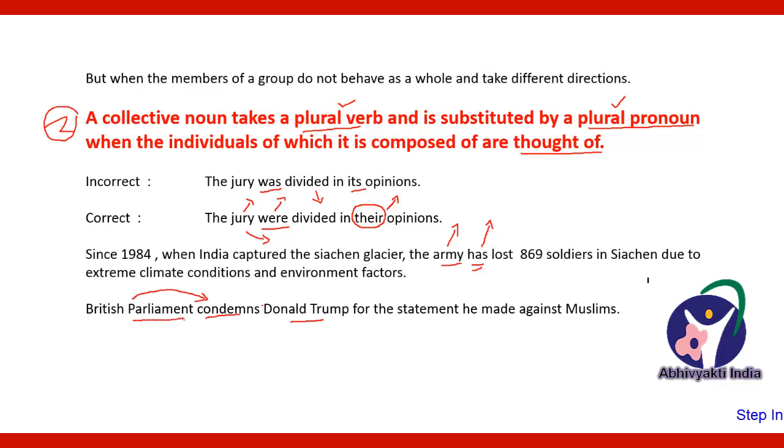Parliament is a group of parliamentarians, so it is a singular noun, and since it is a singular noun, it will take a singular verb, and so it is condemns and not condemn.